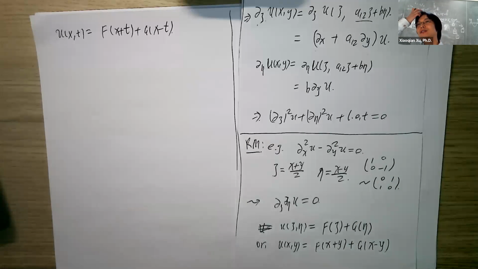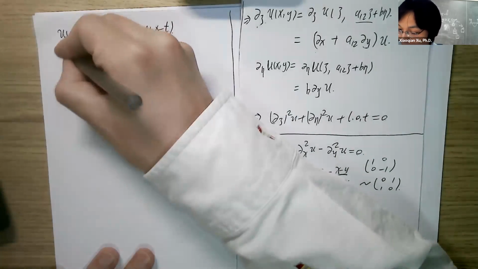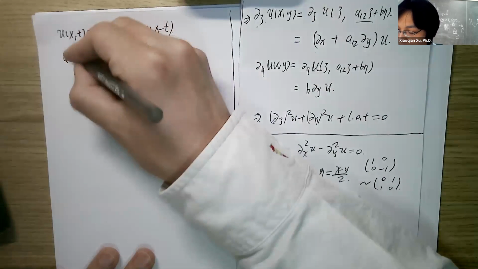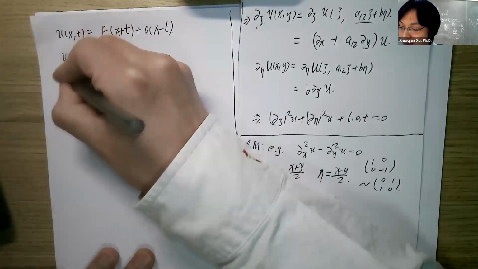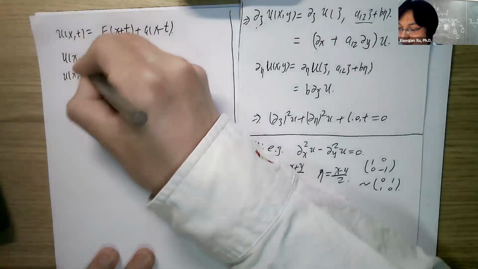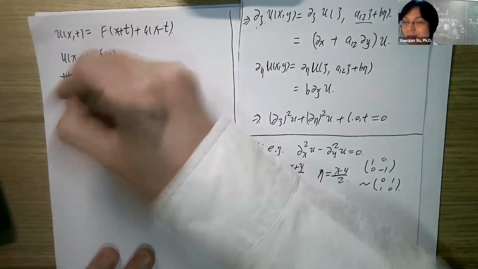So if you want to solve it based on this initial value, and you assume that your x is in the whole space, the whole x-axis, then the initial data could be u(x,0) equals little f(x) and ∂u/∂t (x,0) equals g(x).